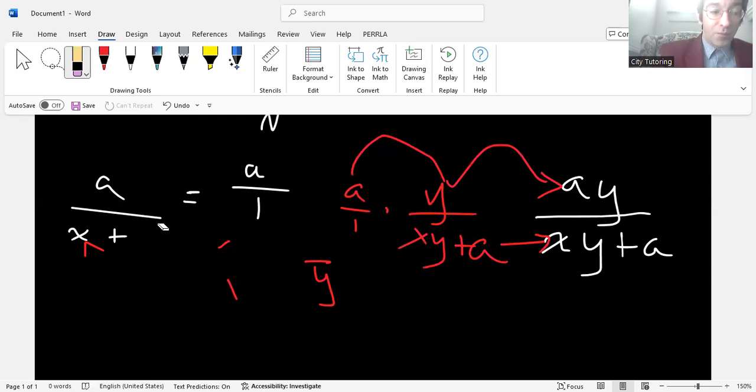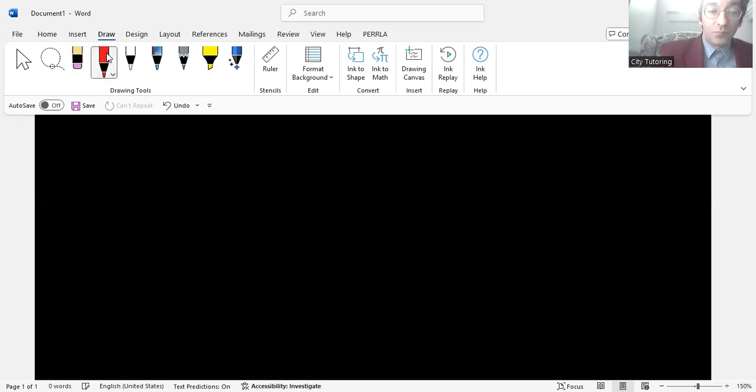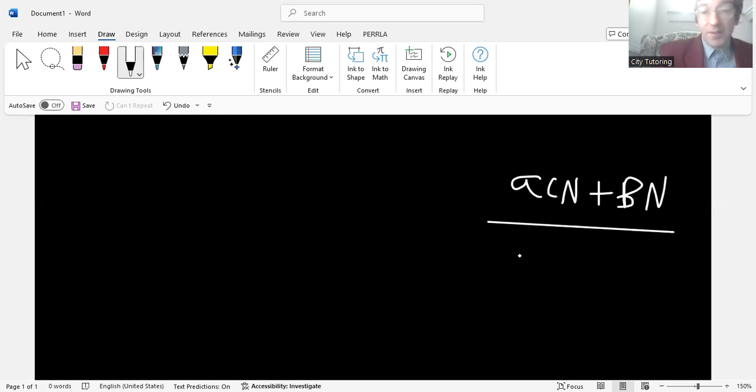All right, the fourth problem, fourth and final problem. Those of you who said as a final answer, in the top, you should have AC N plus B N over CNX minus CM.